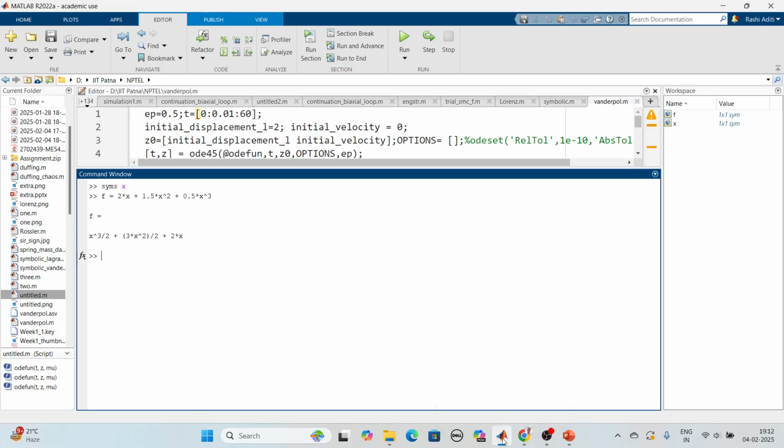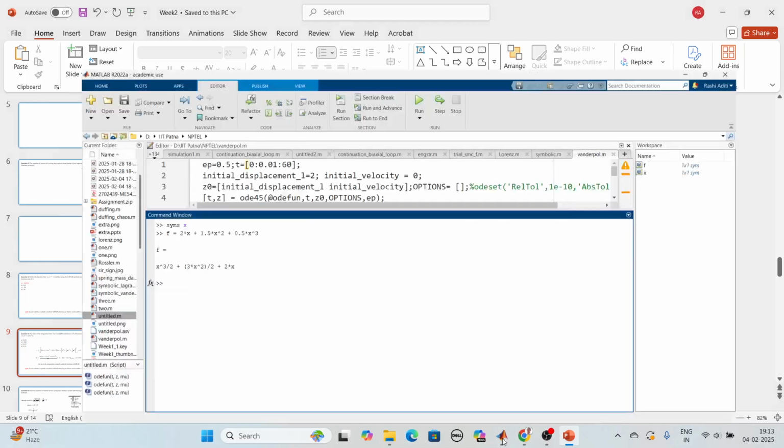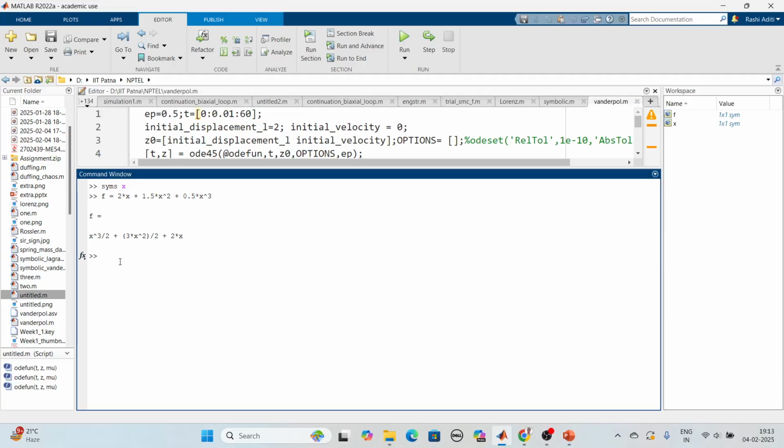Now, first I have to evaluate the integration. So for integration, we are going to use the command int. It is used for evaluating the integration. We are going to put f, comma, -2, comma, 2.